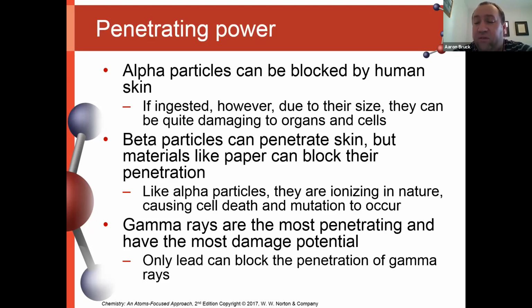While a lot of gamma radiation is absorbed by our upper atmosphere, down here, without the thickness of our atmosphere to protect us, you need a pretty dense material to block gamma rays, and usually that dense material is lead.